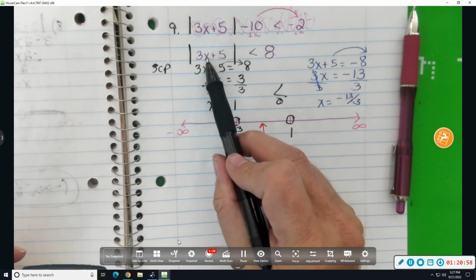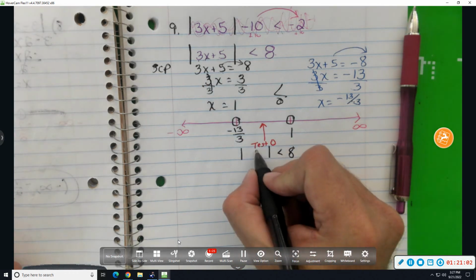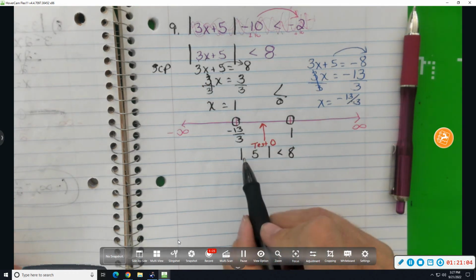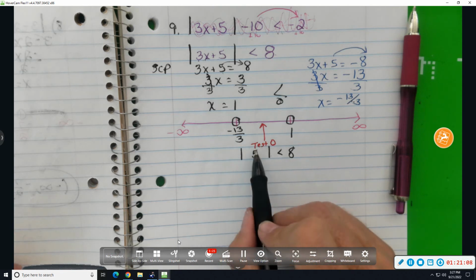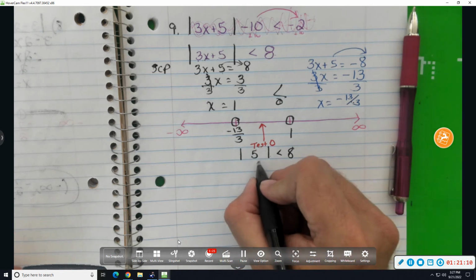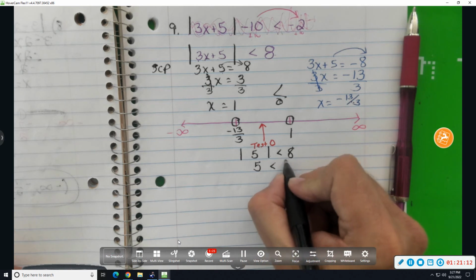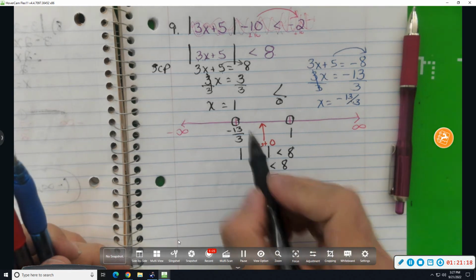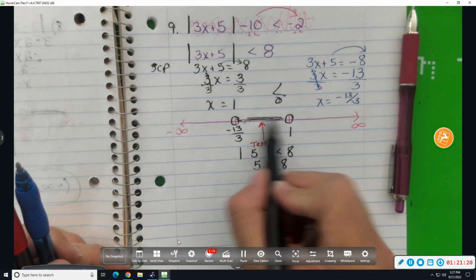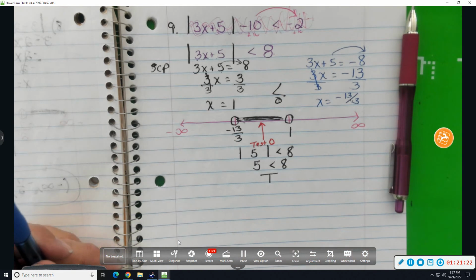Putting a 0 right here. 3 times 0 is 0. Plus 5 is 5. Oh, that's not 151. It's the absolute value of 5, which is 5. So true or false? 5 is less than 8. True. So shade that middle interval, and what am I going to do to the other two?